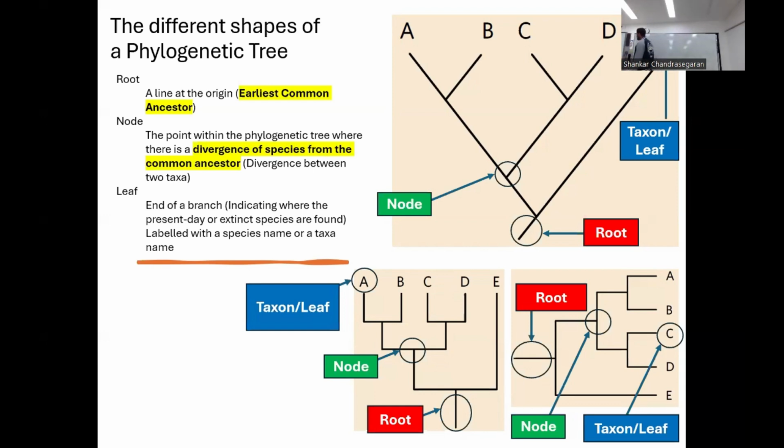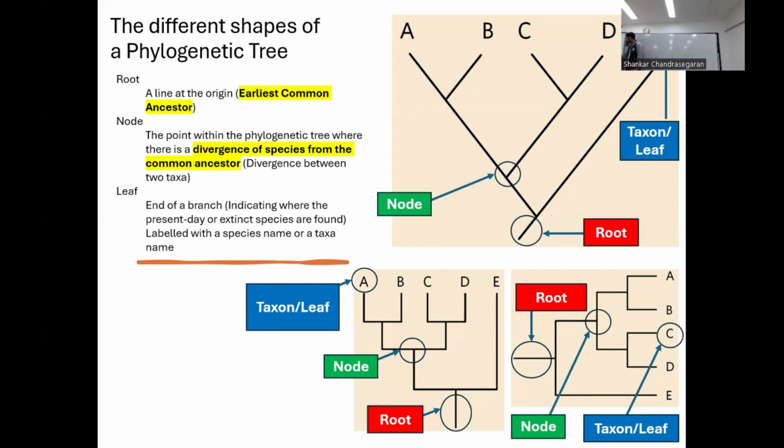It always starts with a root, right? Always go to the very start, and that is your root of any phylogenetic tree. Almost like the trunk of a tree, right? It has to start somewhere, so that's the root. Okay, and then the first node appears, then it starts to further diverge later in the phylogenetic tree.